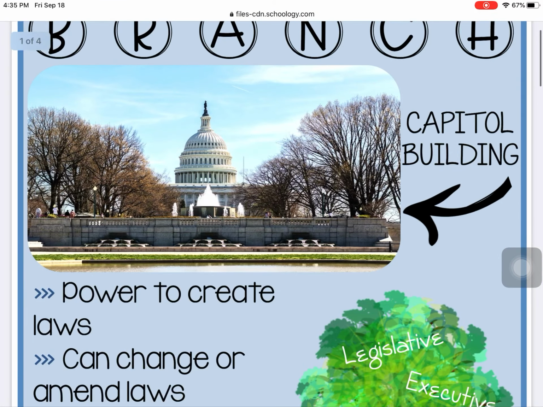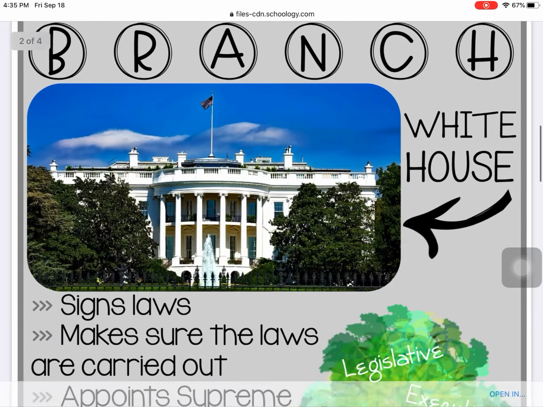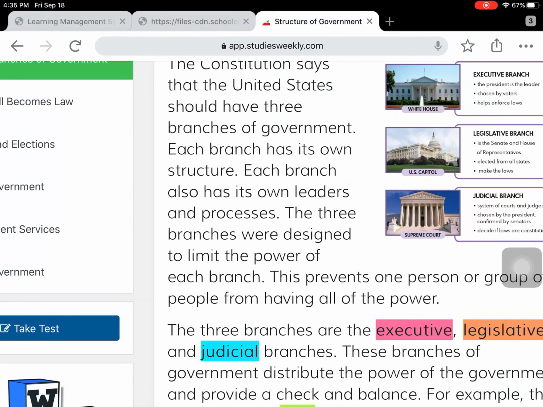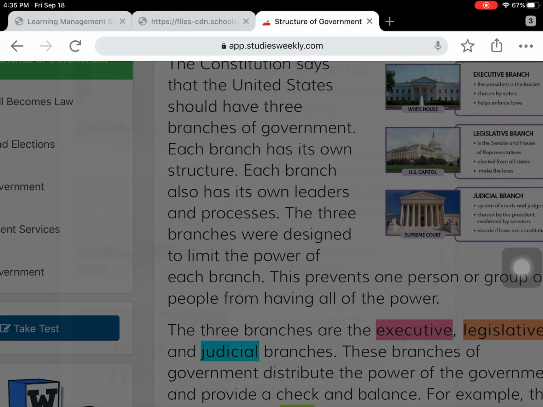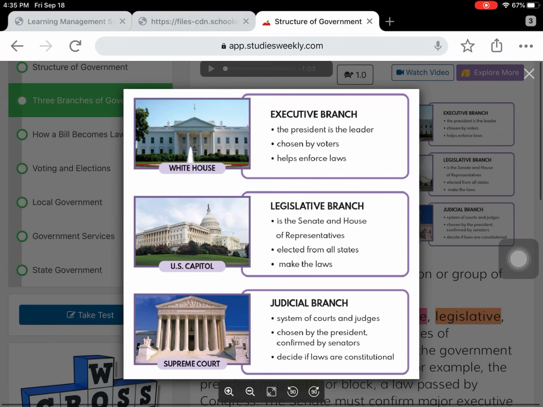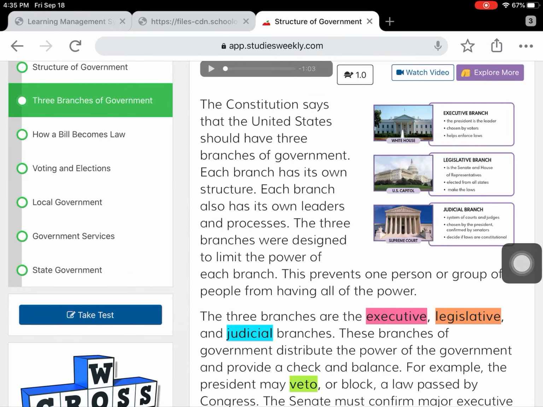You can use this slideshow again if you need help in remembering, or you can go back to this page to look at this picture here. This is also in your Studies Weekly newspaper, so you can use both of those to help you complete that assignment. If you have any questions, feel free to reach out.